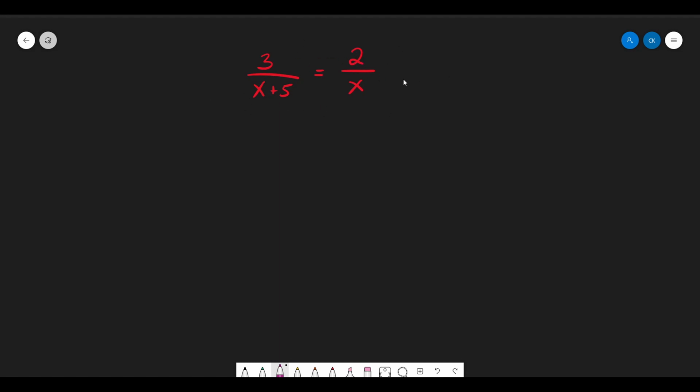So what I'm going to do in order to solve this, and again, this only works if you have a single fraction on both sides of the equation, you are able to cross multiply. So I'm going to take the numerator here and multiply it by the denominator here.